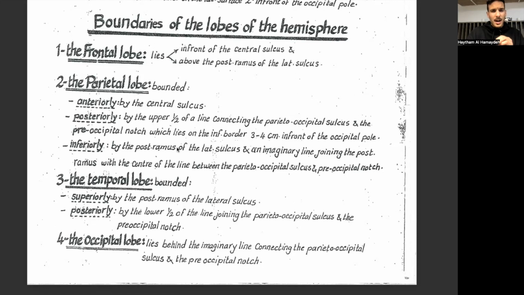So the upper half is used to separate the parietal lobe from the occipital lobe, and the lower half separates the temporal lobe from the occipital lobe. Okay. The occipital lobe lies behind the imaginary line connecting the parieto-occipital sulcus and the pre-occipital notch. See, so this imaginary line separates the occipital lobe from the parietal lobe. Okay.